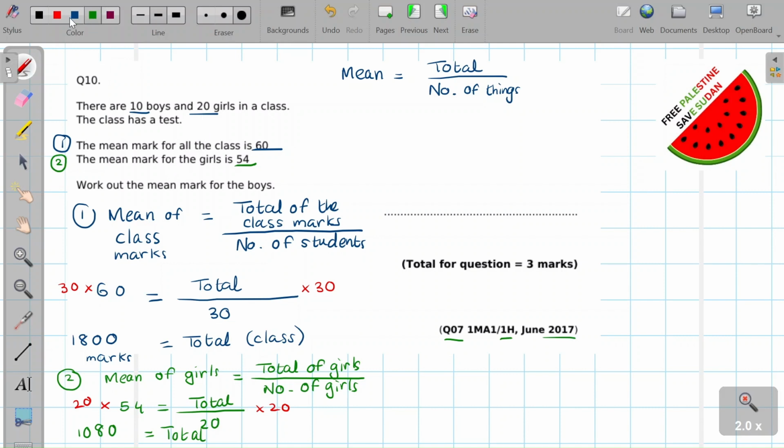Okay. So, have I got some space? I have some space here. Number 3. So I can find the total of the boys by doing the class total minus the total of girls.